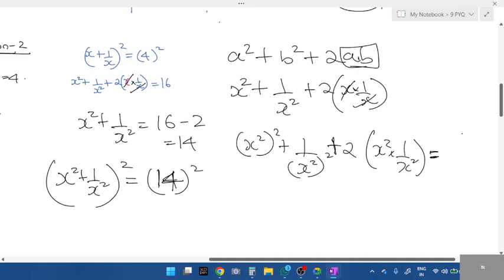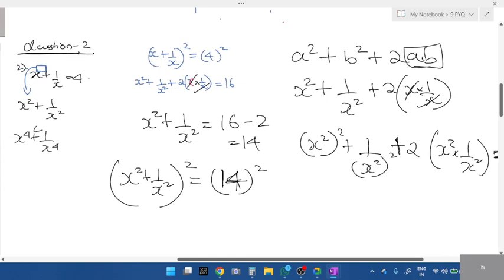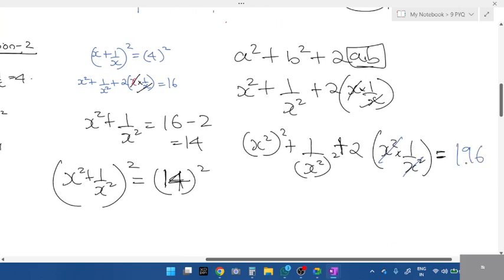Erase that. Erase entire thing, students. Try this. That is wrong. 196. Even here, x square will get cancelled. You get 196 here. 194. Yes.